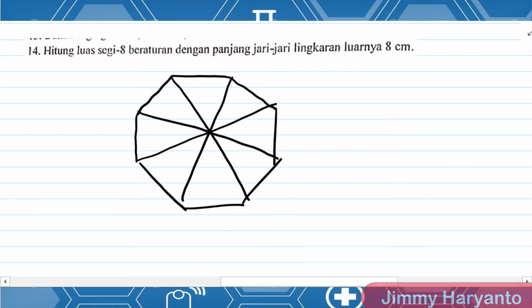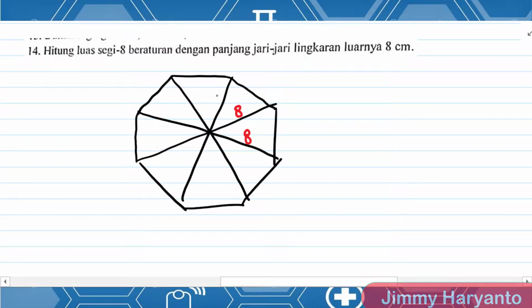The radius of the circumscribed circle is this one, because we can draw a circle outside the polygon, and this will be the radius. So this one is also 8, this one also 8, and so on.